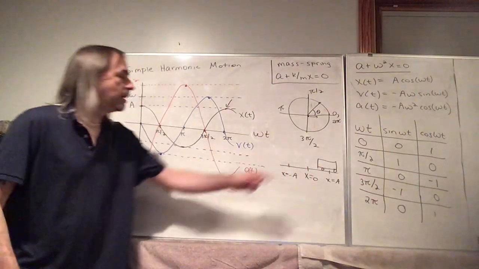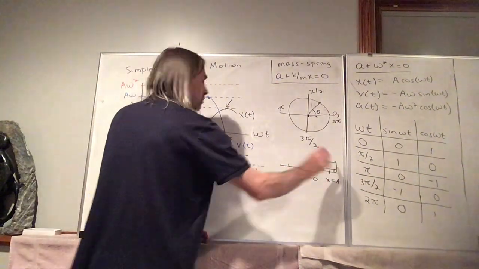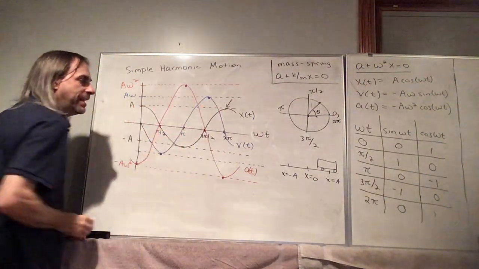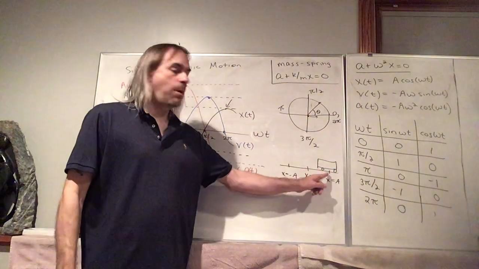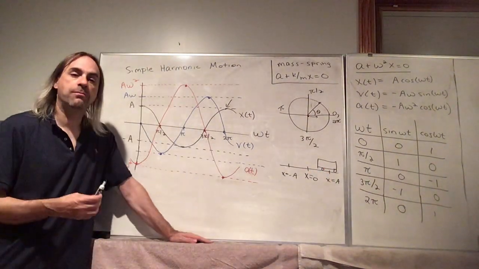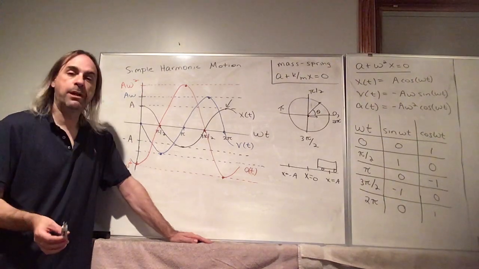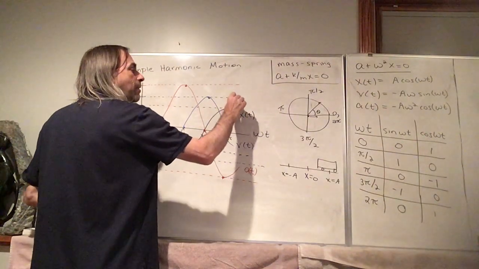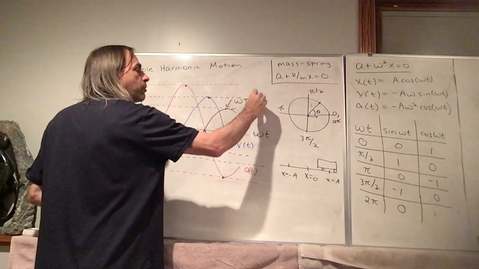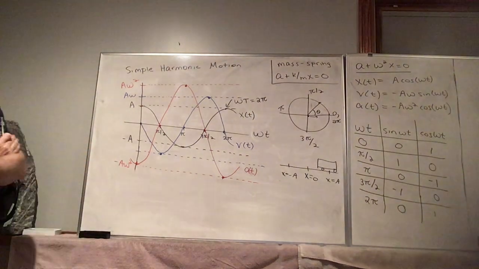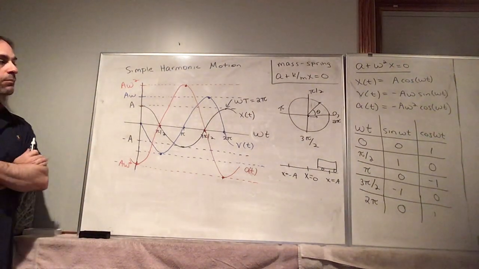So we started at t equals 0, we're here at x equals a. And then when omega t is 2 pi, we're back here. And so we call the time it takes to complete one cycle the period and use a capital T. So we can say that omega times capital T is 2 pi. And that's an important relation.